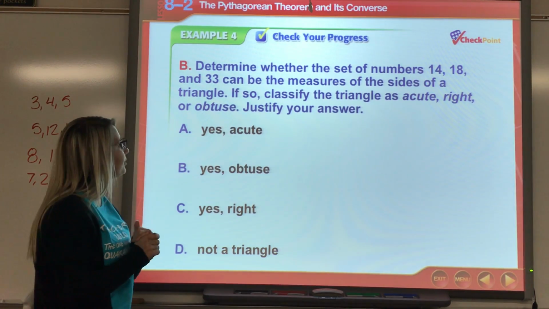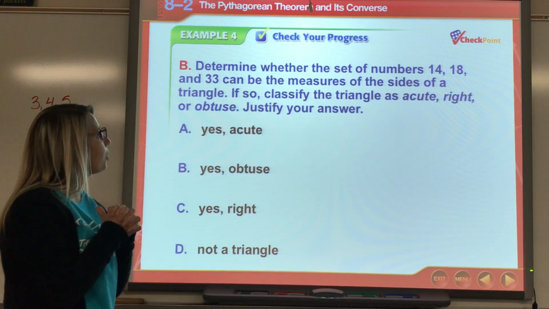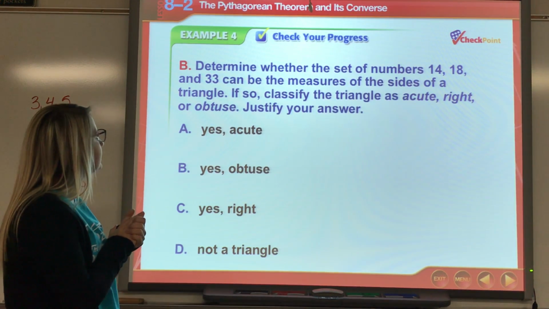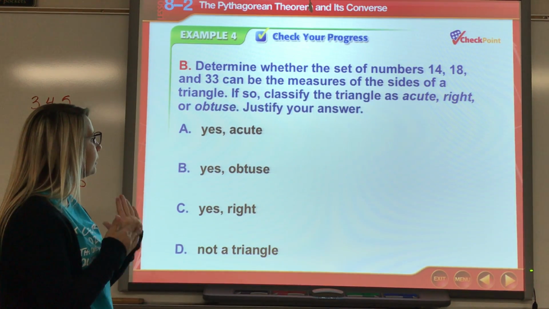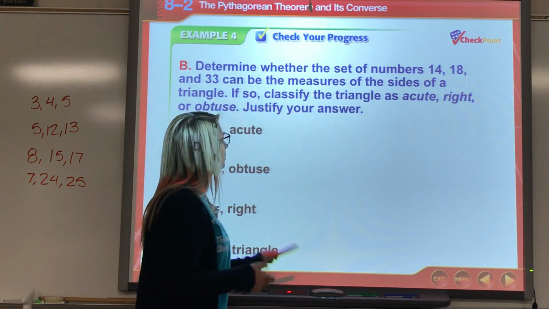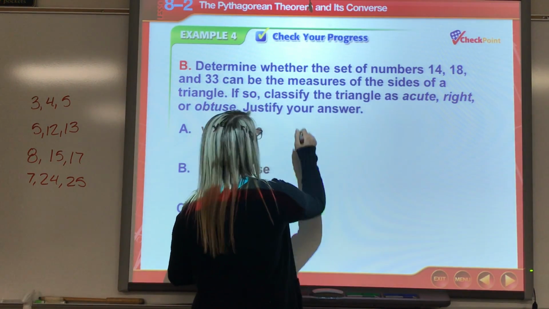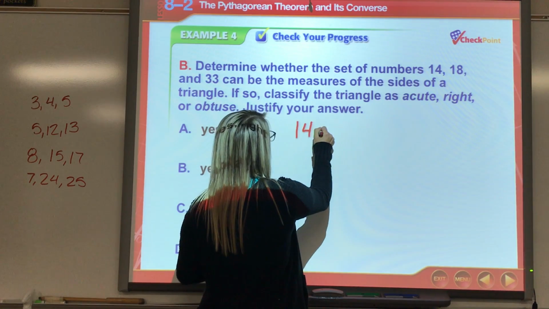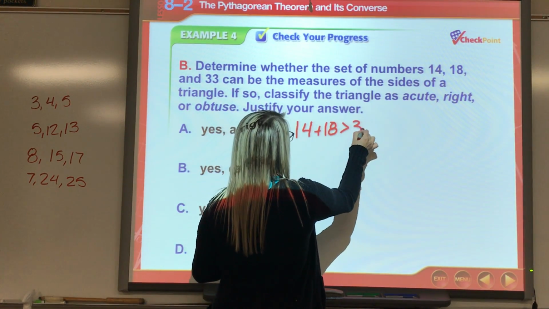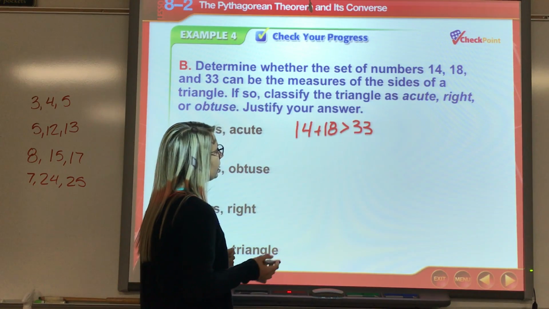Okay, here's another one for you guys to try. So now we have side lengths of 14, 18, and 33. So we're going to first step, go ahead and check if we can make a triangle. So I have 14 plus 18 is greater than 33 on this side. Wait a minute.